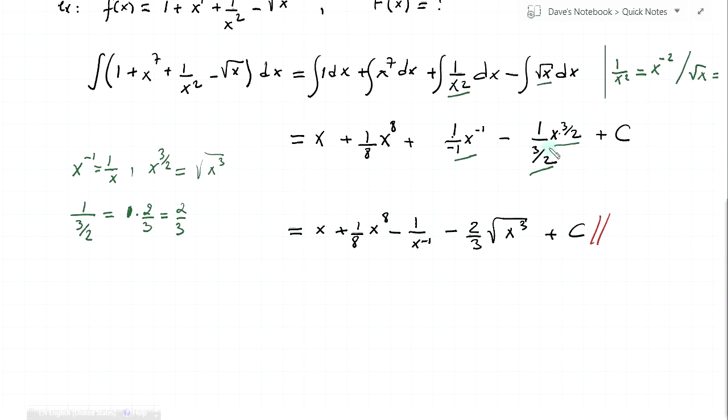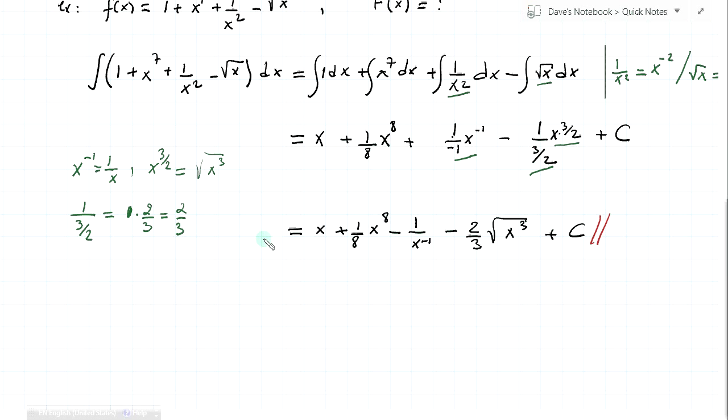We know that x to the power of 3.5 equals the square root of x to the power 3, and 1 divided by 3.5 is like dividing two fractions. The first fraction is kept as it is, and the second one is reversed. You turn it into a multiplication by the reverse of the second fraction. So we have 1 times 2/3, and it gives you 2/3. So this is actually our final result.